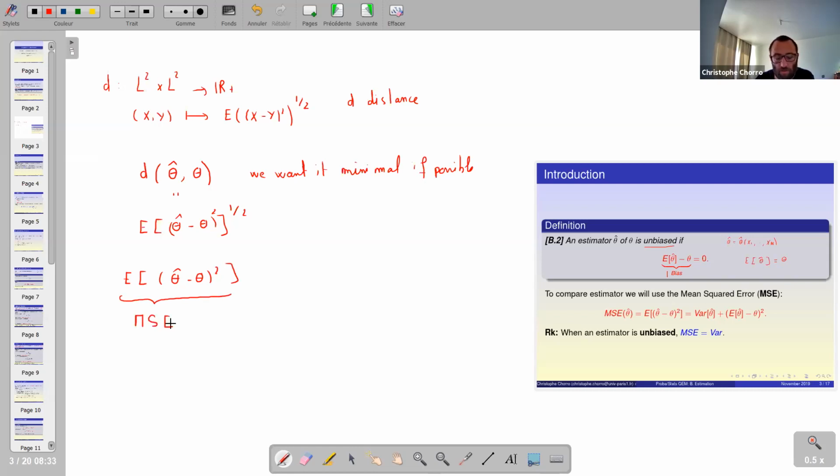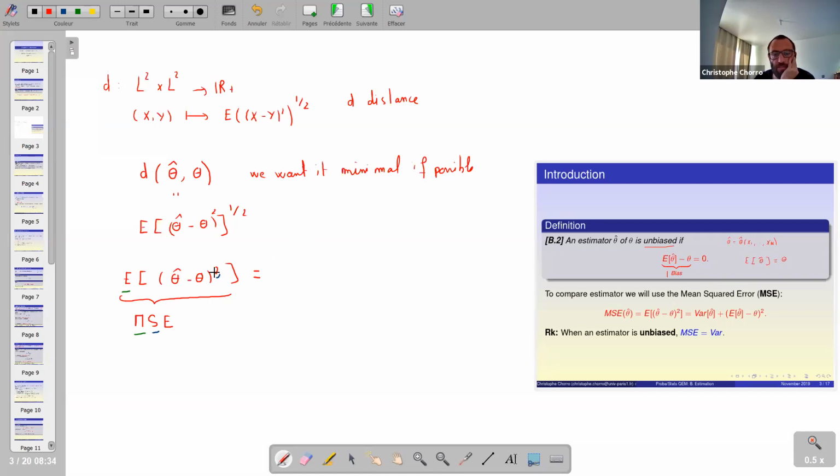Mean square error. Mean because I have an expectation, square because I have a square, and error because it measures in some sense the distance between theta hat and theta. It's the square of a distance. In a computation we have already seen together, I can express this quantity in the following way.